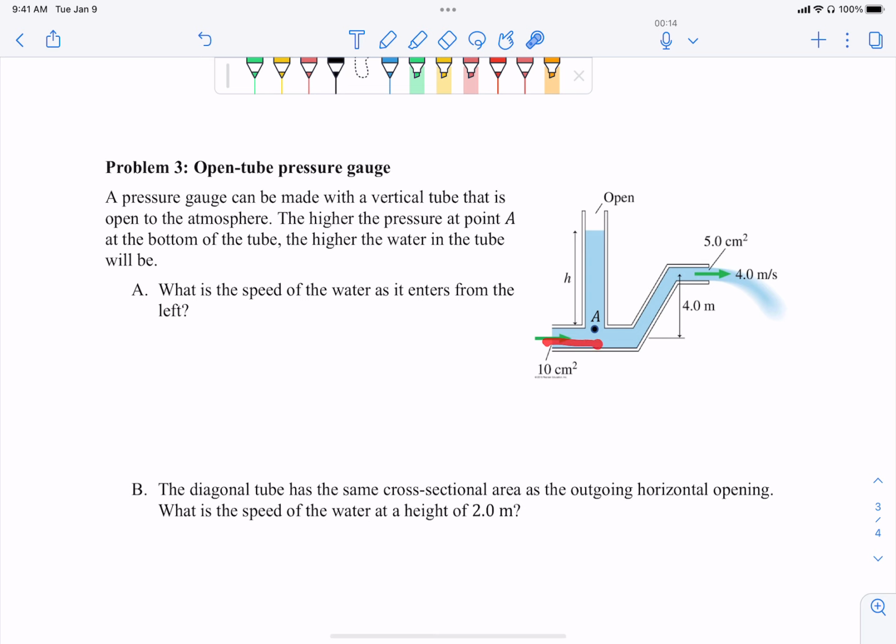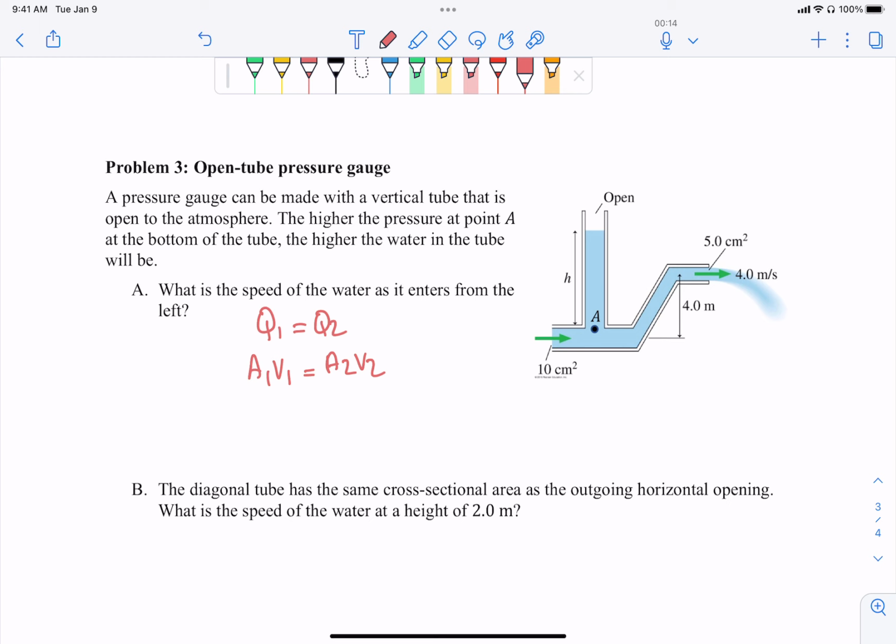So if I want the flow to remain constant throughout this whole thing, then what has to happen? If Q1 is equal to Q2, then I can say A1 V1 is equal to A2 V2. So the flow in has to equal the flow out.